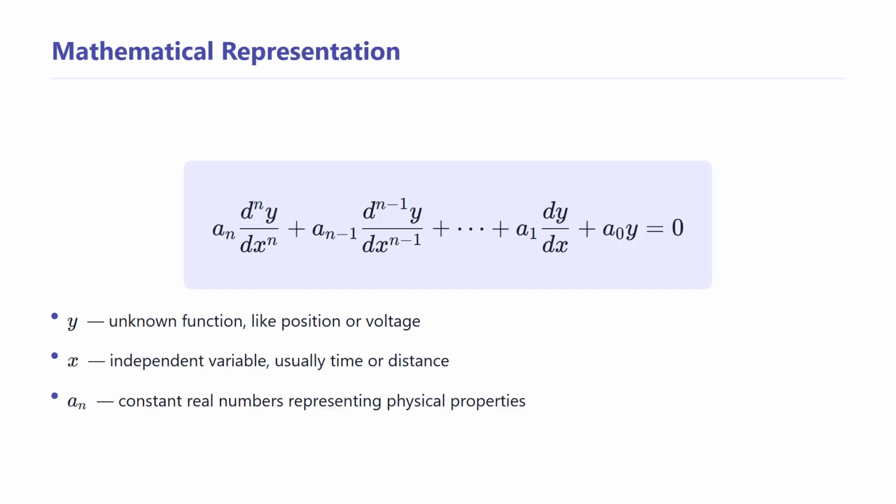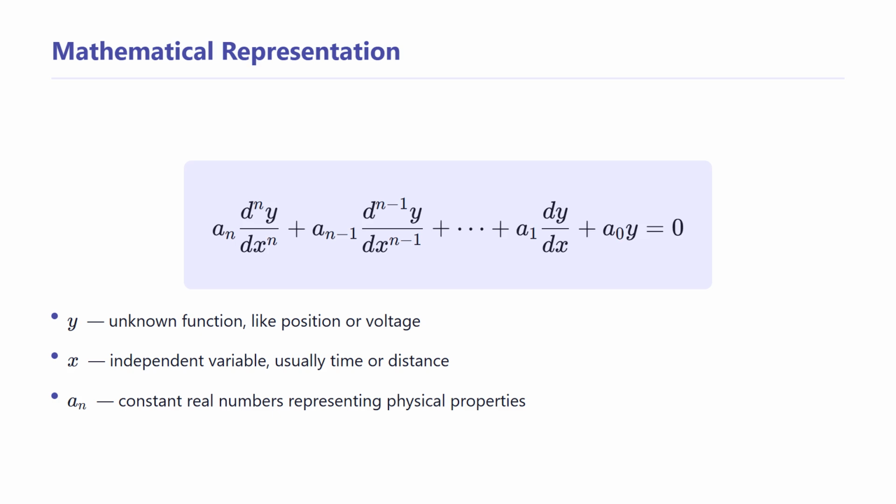This brings us to the general mathematical representation of these systems. Here is what the equation looks like on paper. The variable y represents the unknown function we want to find, such as the position of a mass or the voltage in a circuit. The variable x is our independent variable, which is usually time or distance.